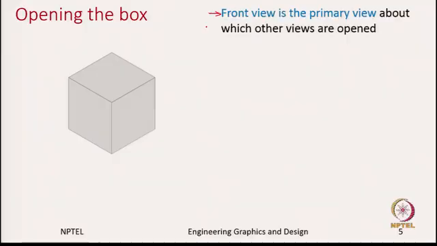Again we have this box, and in that box we have this object. We have captured the front view, and after that we are capturing the top view. Now comes the question, how do we unfold the box? We said that the front view is primary and we are not moving it, which means the front view is fixed.